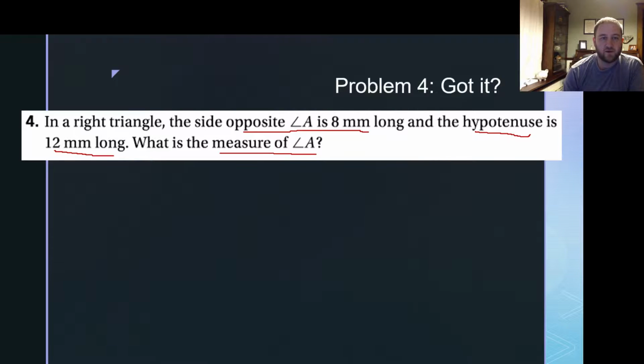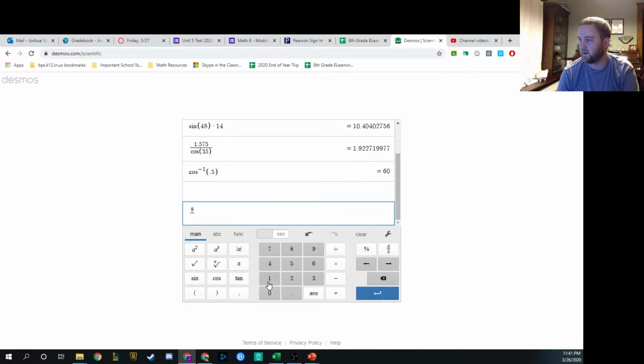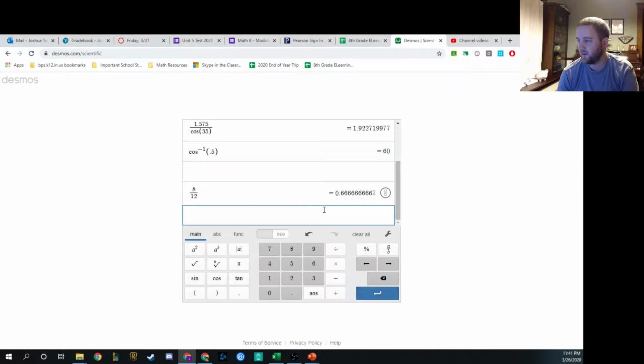All right, so hopefully you paused it. So the opposite is 8. The hypotenuse is 12. So we want opposite over hypotenuse, right? That's the sine. So the sine of A is equal to 8 over 12. So using our calculator, we're going to do 8 divided by 12, and we get 0.666666666.